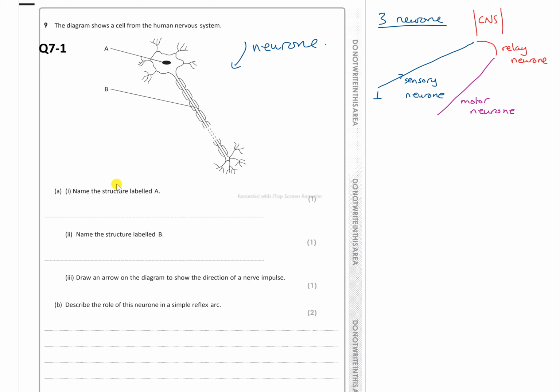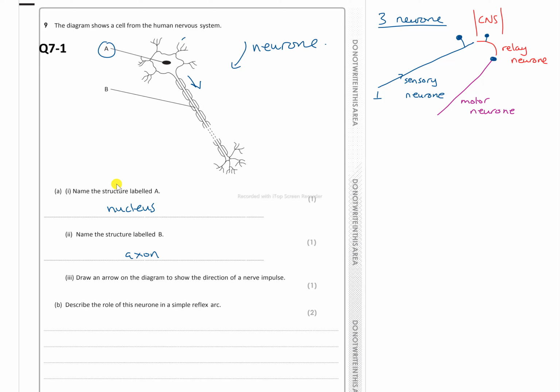Right, the first neuron, sensory neuron, the cell body is outside the central nervous system. The second one is inside, and the third one is also inside. Right, so that there is the nucleus inside the cell body. Right, the signal is moving away from the cell body, so it will be an axon.